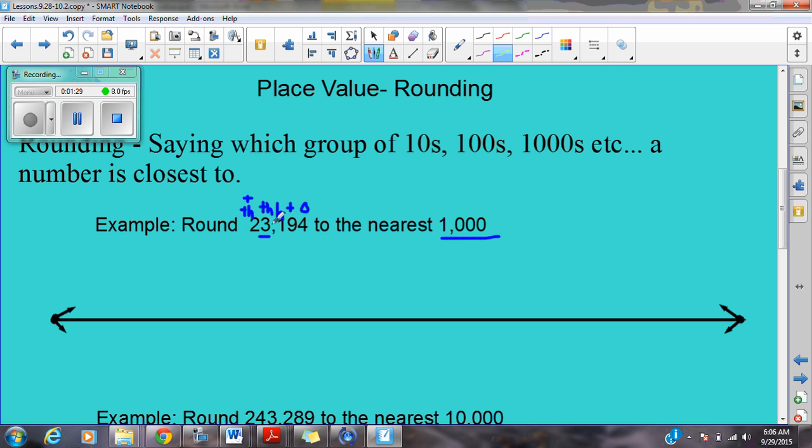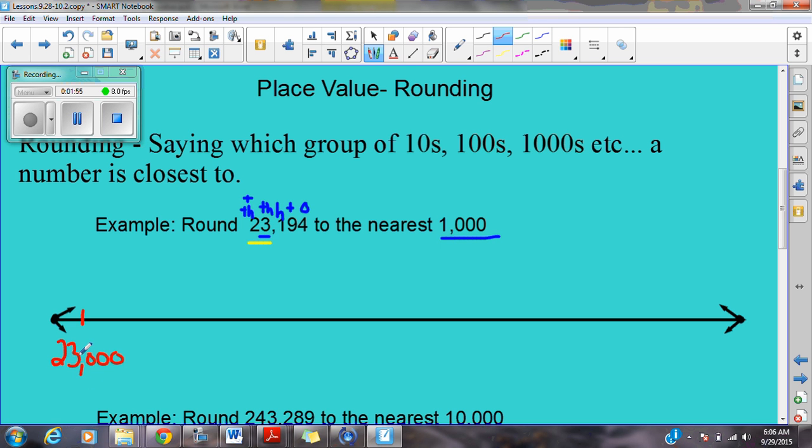It doesn't only have 3 thousands, it has 23 thousands when I rename it. So I could keep it at 23 thousands, so it could round to that, or notice that I have 3 zeros, just like in the word thousands, because that's what I'm rounding to.